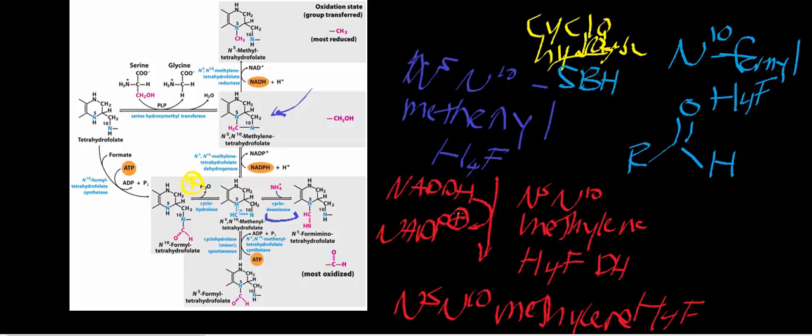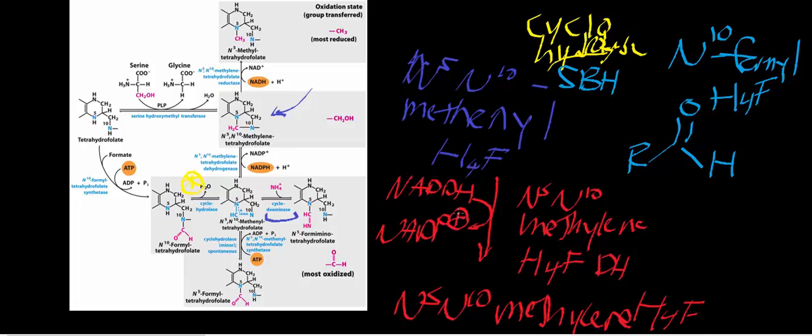Because N5,N10-methylene tetrahydrofolate is used not only in glycine catabolism, but it's also used in thymidylate synthase. We've mentioned that enzyme here and there, and we'll see it again when we do nucleic acid biosynthesis. Thymidylate synthase is basically going to take deoxy-UMP and convert it to TMP.